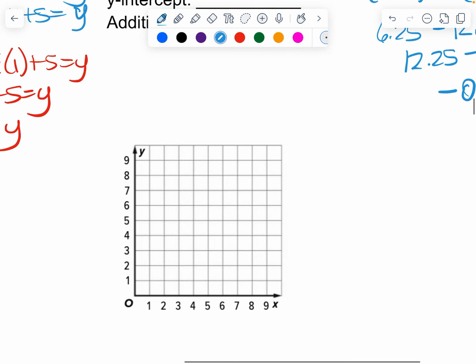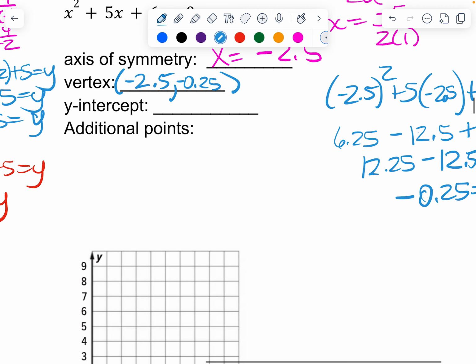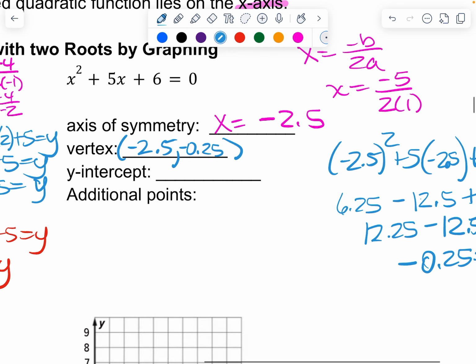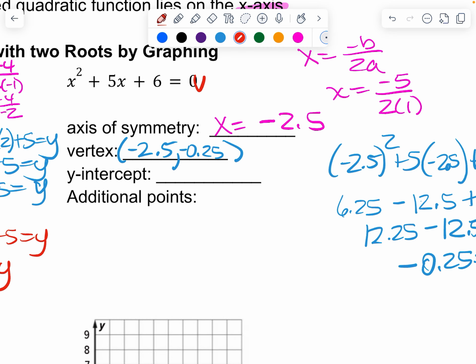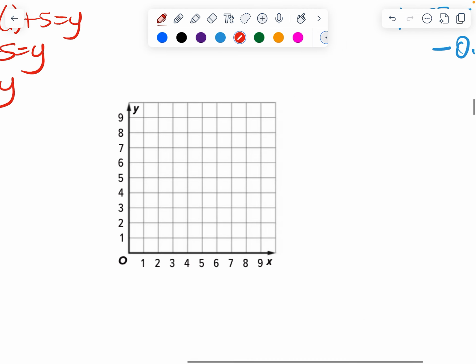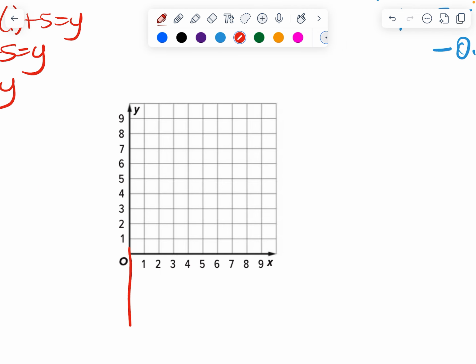I have no idea why we have this graph for. Okay, so y-intercept. If I plug in 0, remember we're pretending this is 0, that would get me a 6. So 0, 6. Not sure why we are using one that doesn't have that, but that's okay.